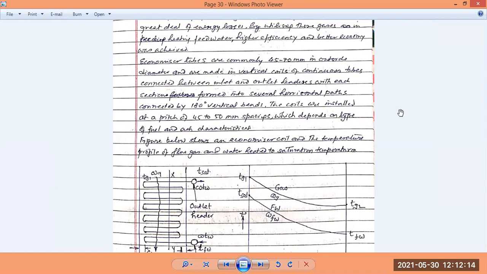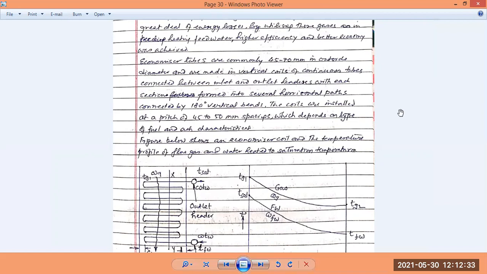The coils are installed at a pitch of 45 to 50 millimeters spacing, which depends on the type of fuel and ash characteristics.